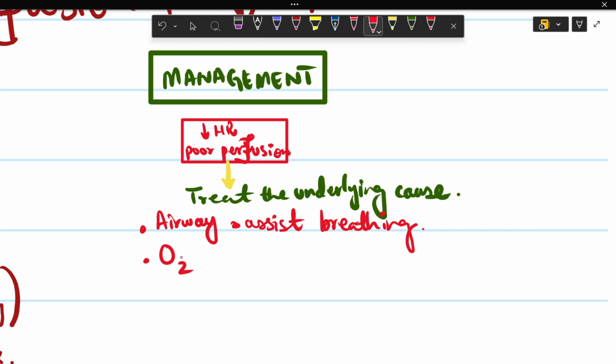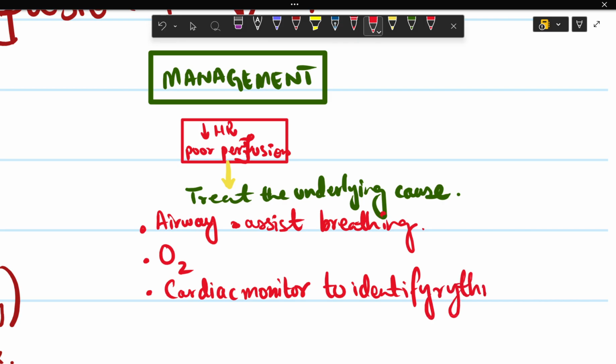Oxygen inhalation at different flow rates, 2 liters or 4 liters per minute, is usually given initially. Attach a cardiac monitor to monitor the heart rate and identify rhythm. BP monitoring, vital monitoring, and oxygen saturation in order to rule out hypoxia, right?